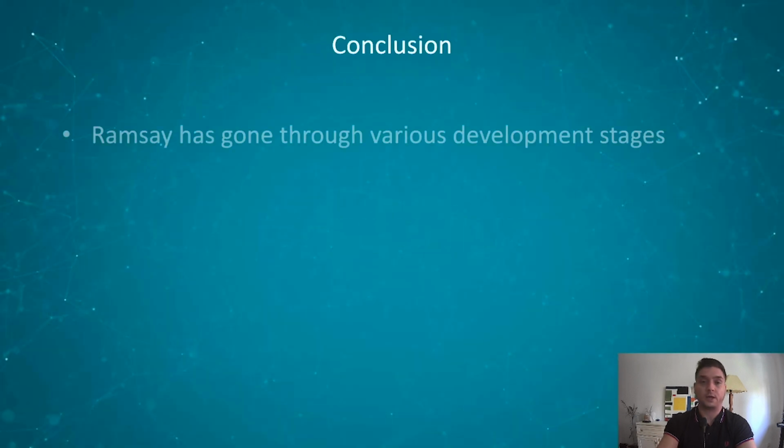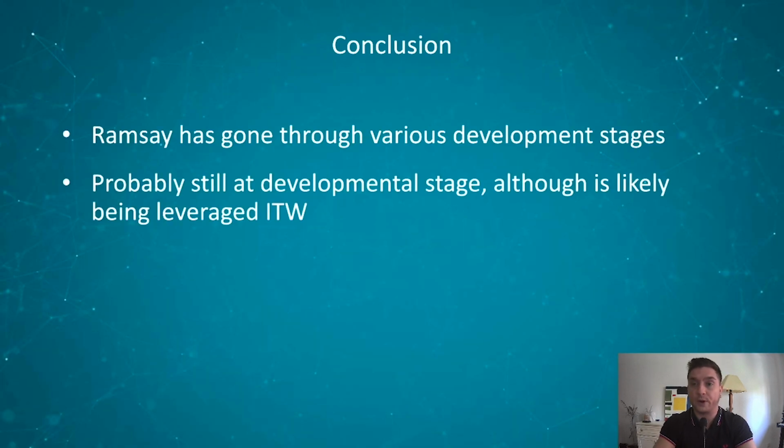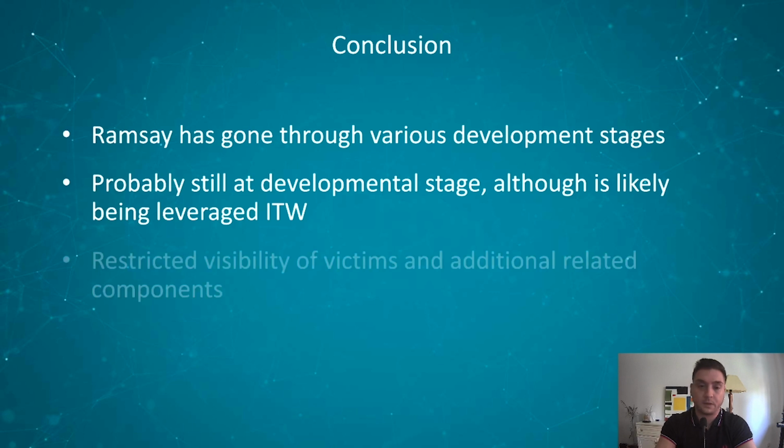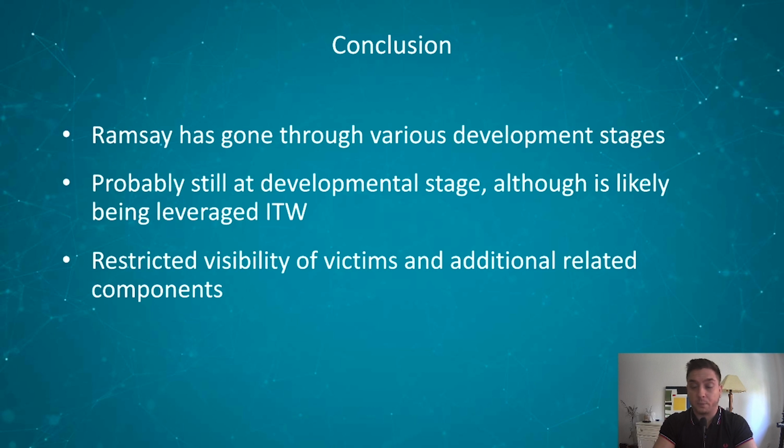So, conclusion: Ramsay has gone through various development stages, and we think it's probably still at a development stage, although it's likely being used in the wild as well. We had restricted visibility of victims and additional related components due to the very nature of air gaps.